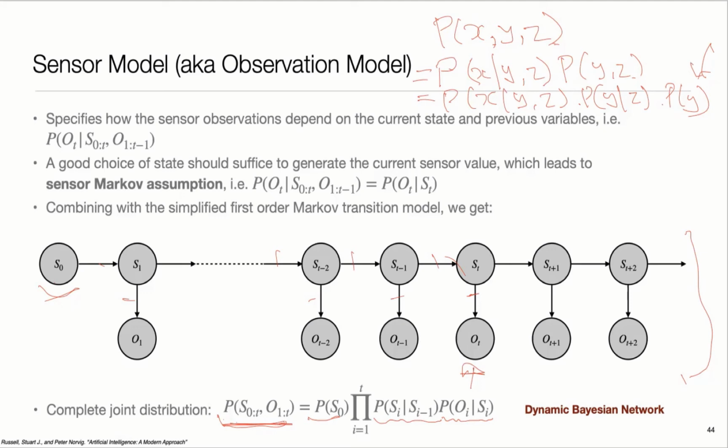In particular, given these distributions and given probability of S0 and some observations, I can say what the value of a particular state is. We'll see some examples of it, but once you have the joint distribution, you basically have full knowledge of the system, and you can ask all sorts of questions.